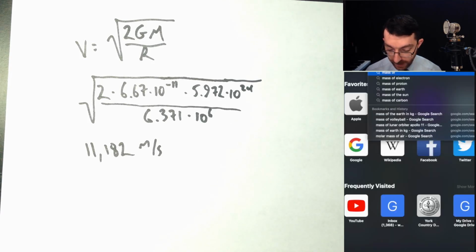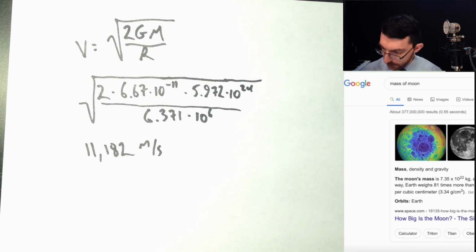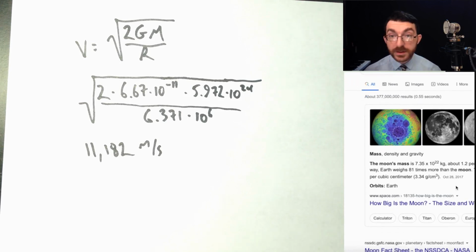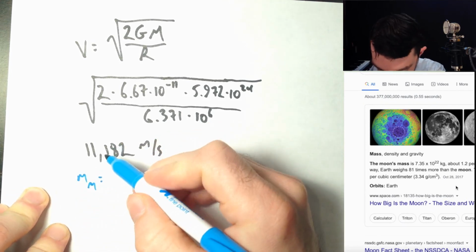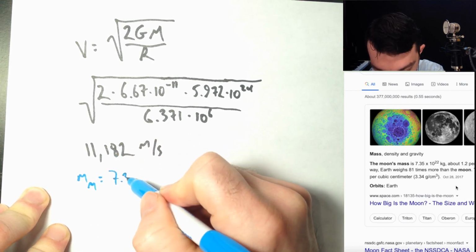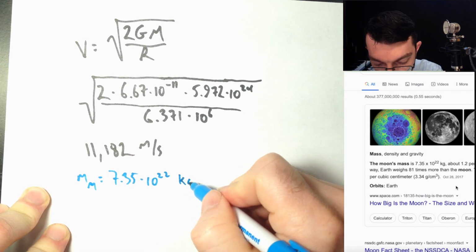So mass of the moon. I'll do the moon in blue. So we've got a mass for the moon of 7.35 times 10 to the 22nd. So the mass of the moon, 7.35 times 10 to the 22nd kilograms.